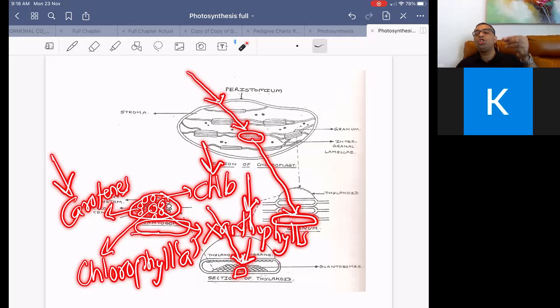These electrons jump from carotene, chlorophyll B, and xanthophyll towards chlorophyll A. The electrons of chlorophyll B, carotene, and xanthophyll go and hit the electron of chlorophyll A, and as it gets hit, all the solar energy gets transferred to the electron of chlorophyll A.